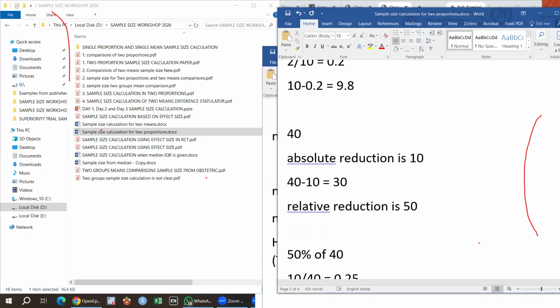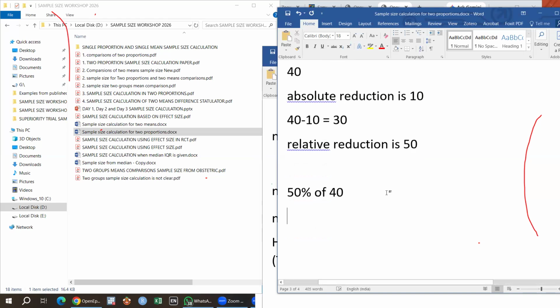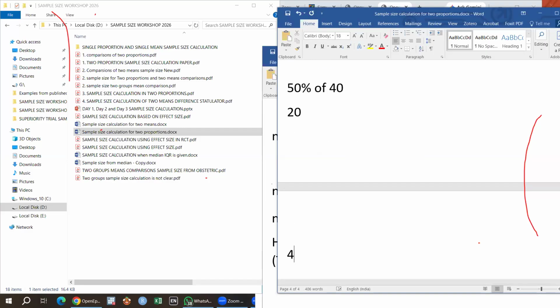So what will be 50% of 40? Please see this. It will be 20. So what will be our answer? 40 minus 20 is equal to 20.